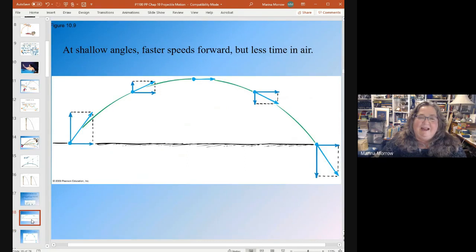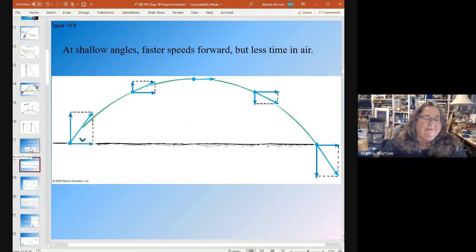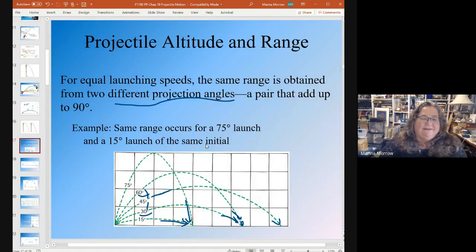Whereas at a shallow angle, you have put more velocity into the horizontal speed, but you don't have much time in the air because your ball starts to come down again. Okay, so it is possible for things to be too high, aimed with too much vertical motion, or aimed too low, too much horizontal motion. And so anyway, that's why they meet when they have certain angles.